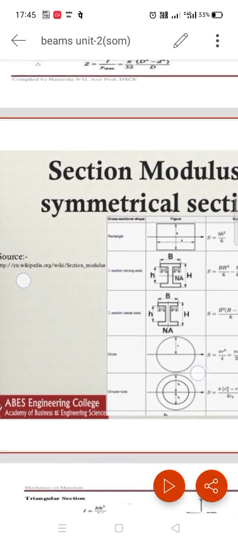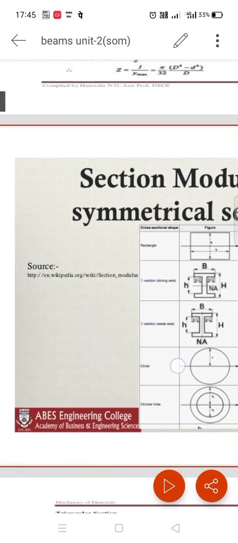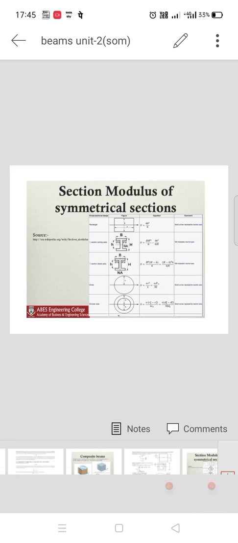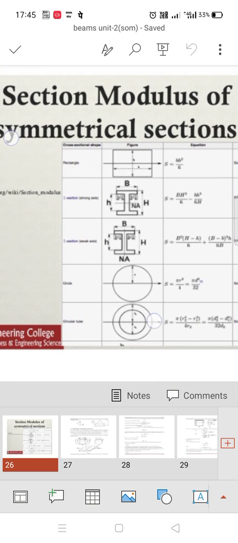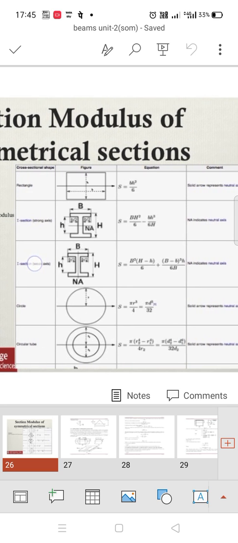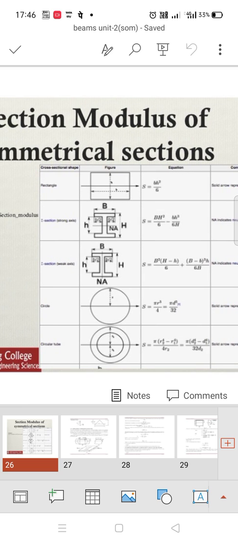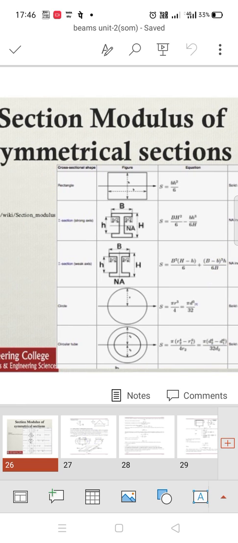These all are the shapes of figures. First one is the rectangular section, where Z equal to b d square divided by 6. Then the I section, another one is the I section axis, another one is the circular axis.